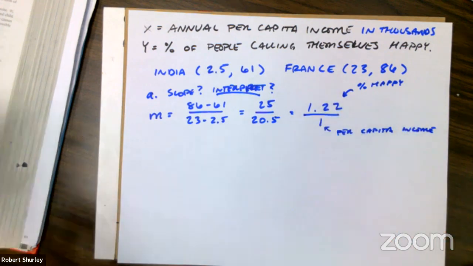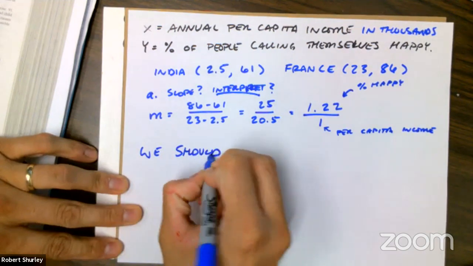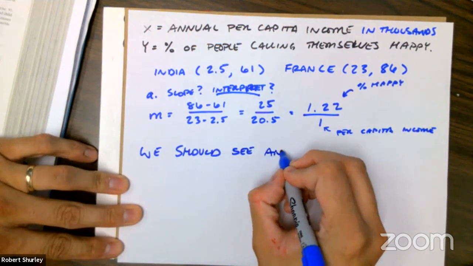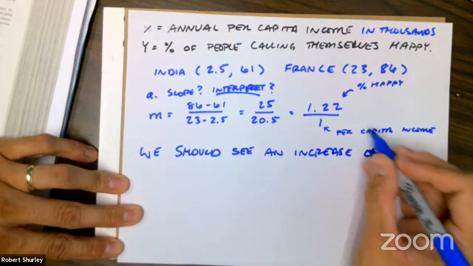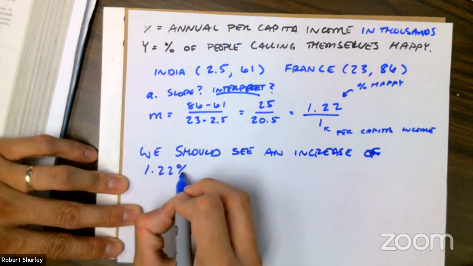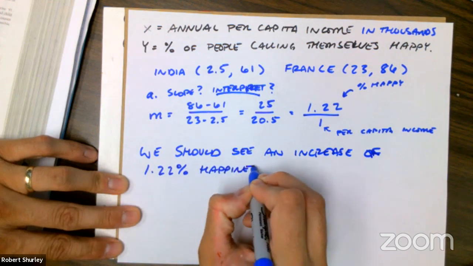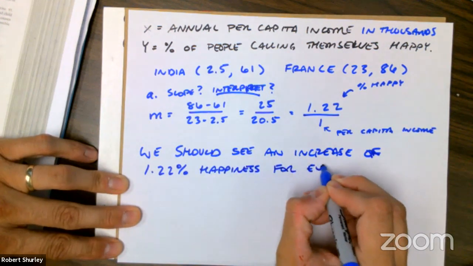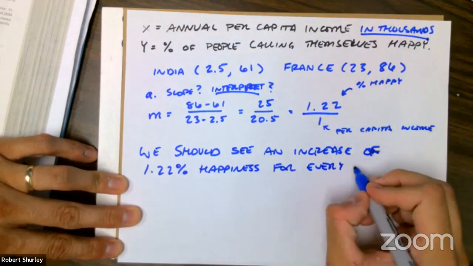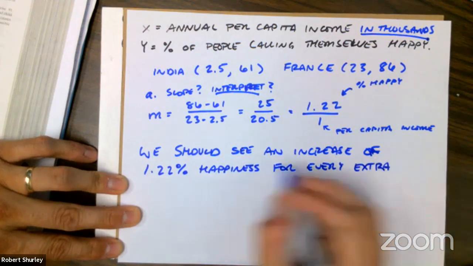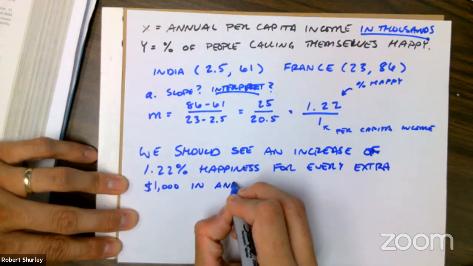So let's write this out. What this actually means is we should see an increase of, I'm going to go with the numerator first, 1.22% happiness for every, now remember per capita income was written in thousands, so for every extra 1,000 in annual per capita income.